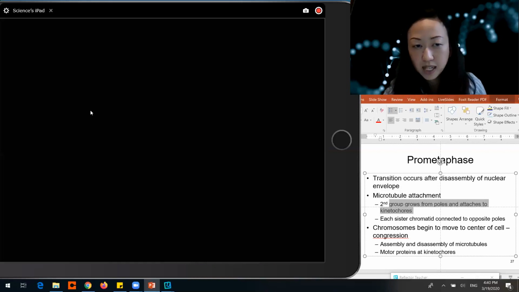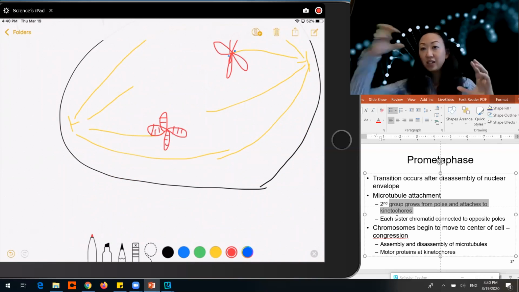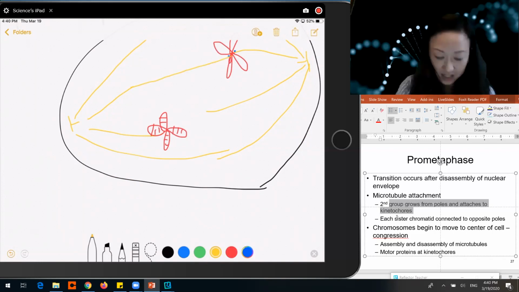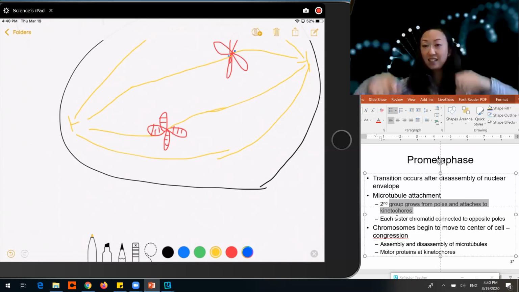So you've got these coming out from the poles. These are the poles. That's what they're talking about. And each chromatid now needs to be connected. So this one needs to connect, and this one needs to connect. So now they are connected.